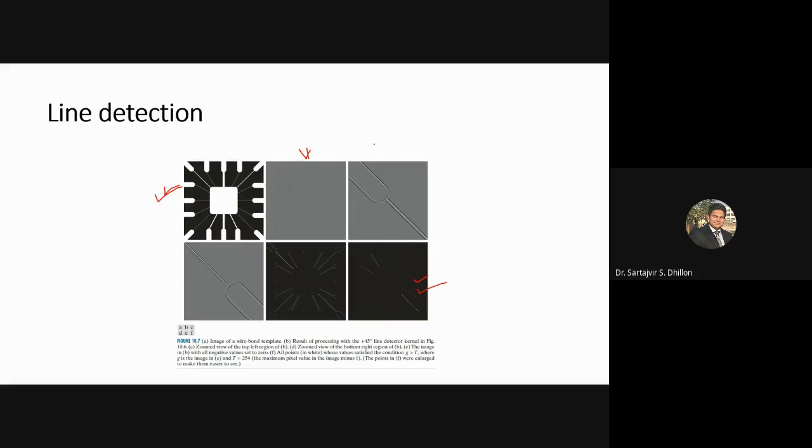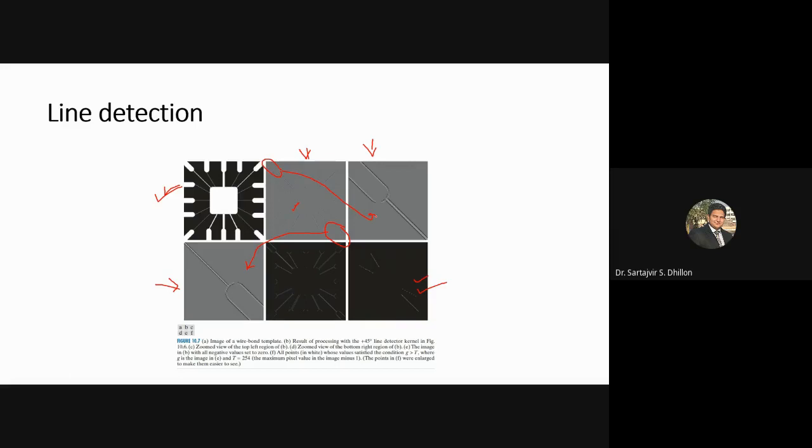This is a zoomed image, and D1 is a zoomed image of this at the bottom. It may not be clear to you, but this is a point where you can just highlight it, and this is this point.